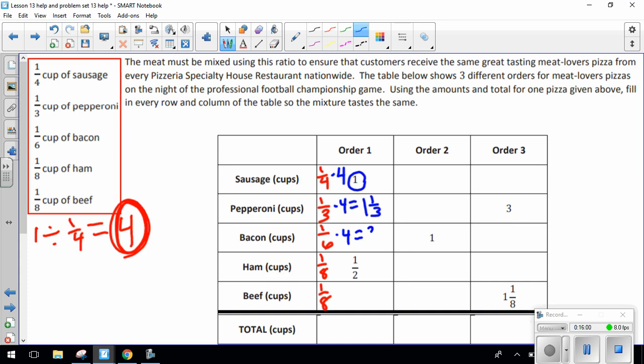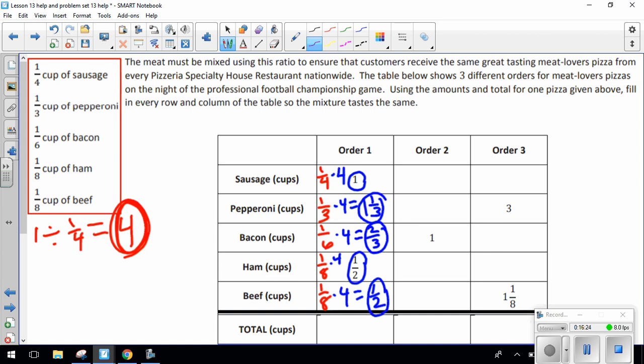You get an answer reduced to 2/3. If you take 1/8 and times this by 4, you're going to get a final answer reduced to 1/2. If you take 1/8 times by 4, you'll get 1/2 just like you did above. Okay, we'll worry about total cups at the end.